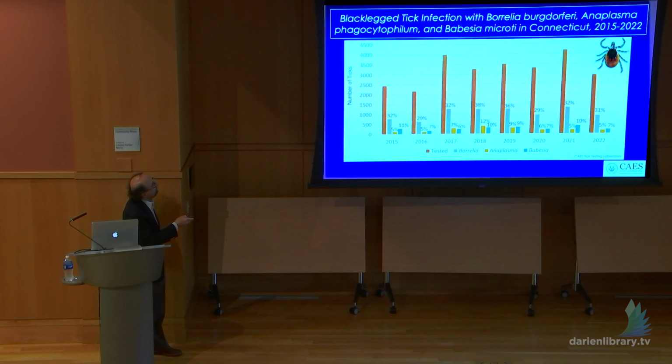There has been some fluctuations, but in recent years we are seeing even up to 50% of ticks to be infected with Lyme disease, sometimes higher than that. And the same, the prevalence of infection in ticks with Anaplasma and Babesia has increased also. We are right now standing at around 7 to 8% of Anaplasma and Babesia to be 12% and more.